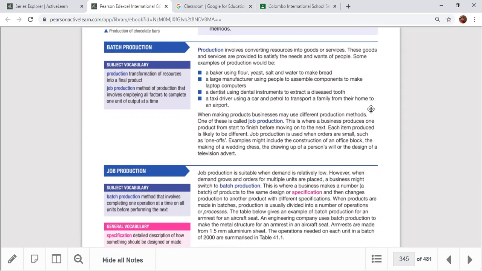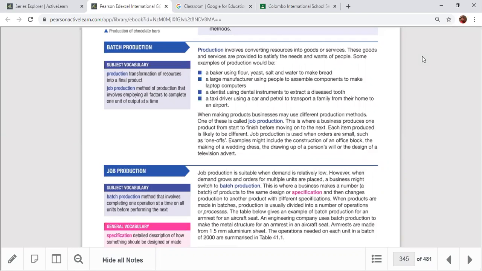Some examples of production would be a baker using flour, yeast, salt, and water to make bread. A large manufacturer using people to assemble components to make laptop computers. A dentist using dental instruments to extract a diseased tooth. A taxi driver using a car and petrol to transport a family from their home to an airport.